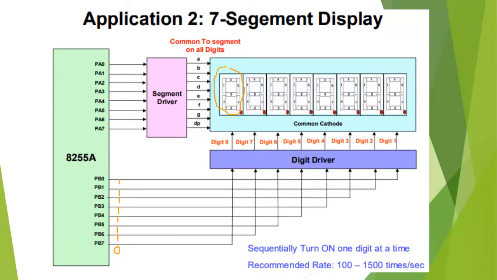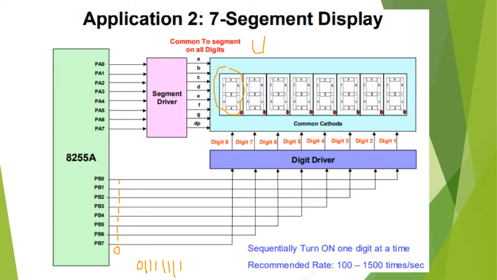Now we will send the data A B C D E F G for U. And then what will we do? We will make a rotation. It is like that: 0, 1, 1, 1, 1, 1, 1, 1. For example, we keep it in BL, and then we make a one-bit left rotation.